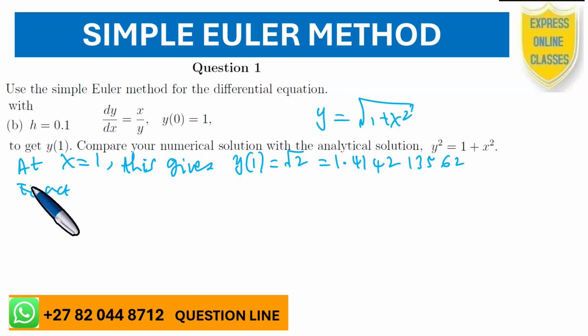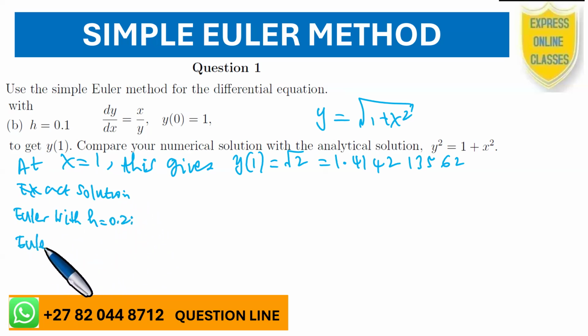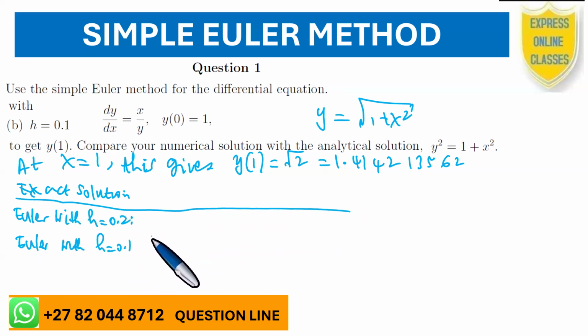So you have the exact solution, 1.41421356, and then Euler with h equals 0.2.